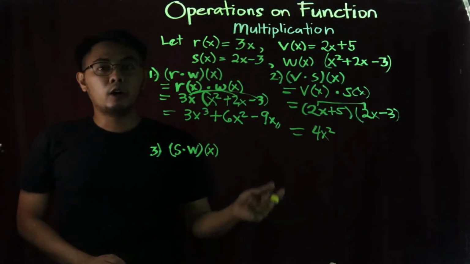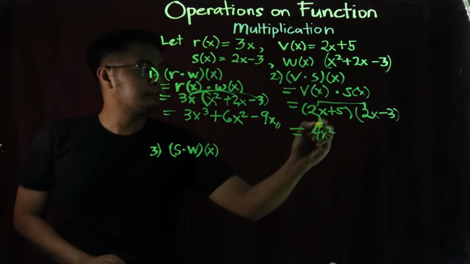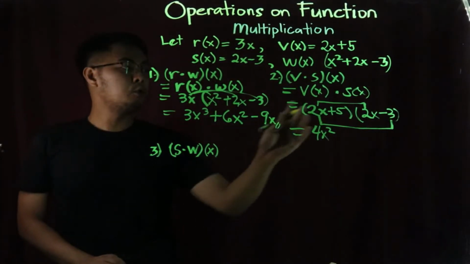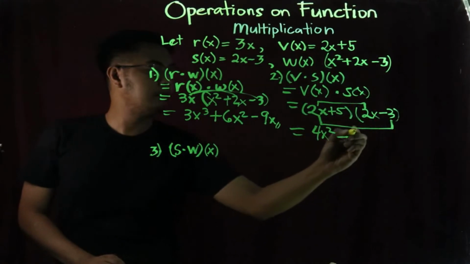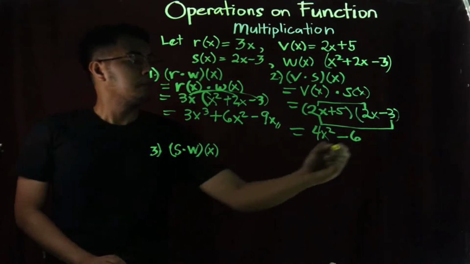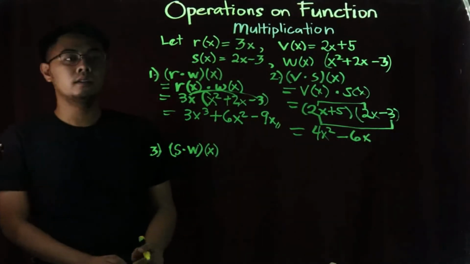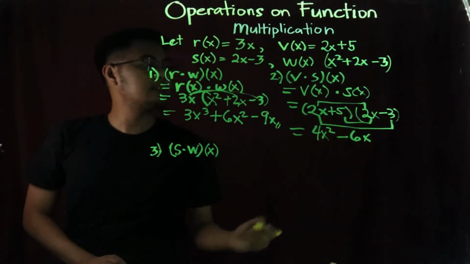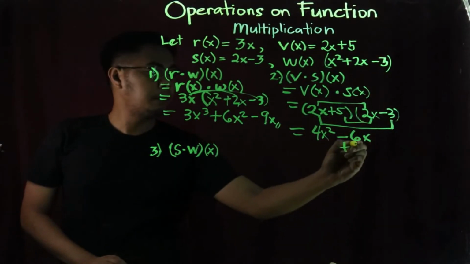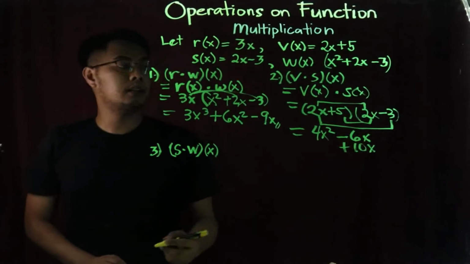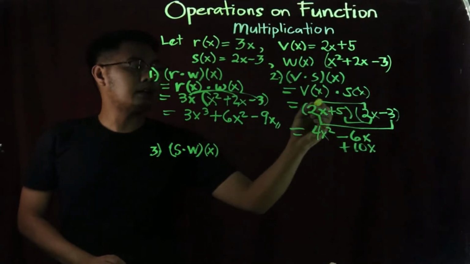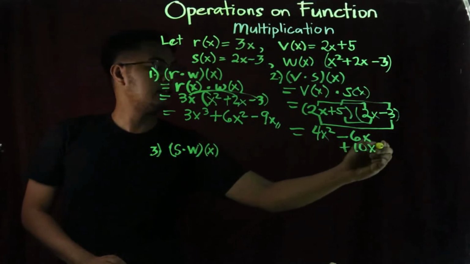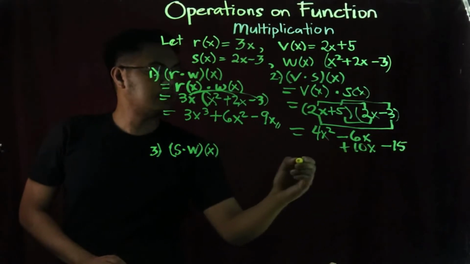Next, FOIL O, outer term. 2x times negative 3 is negative 6x. Okay? And then, inner term. 5 times 2x, that is positive 10x. And then, the last term, 5 times negative 3, that is negative 15.